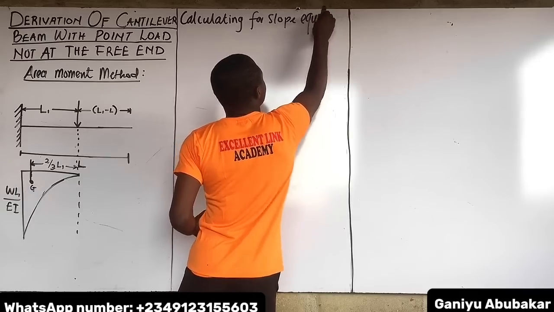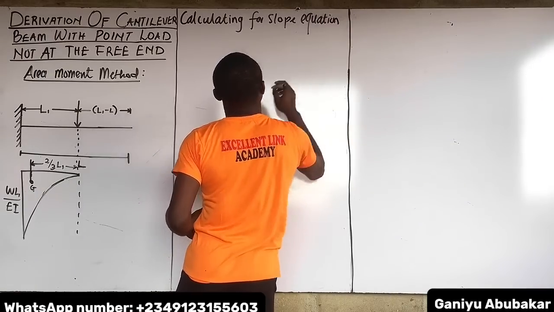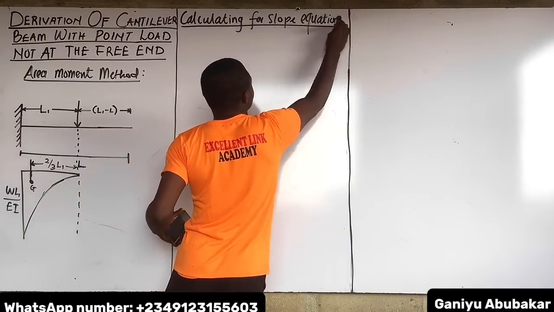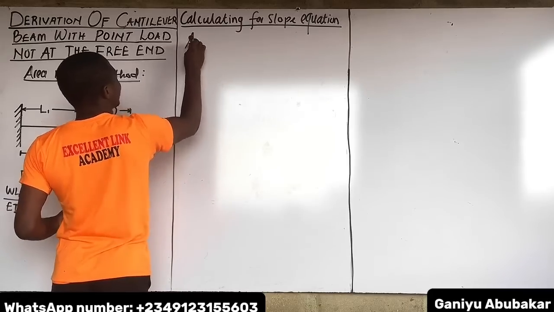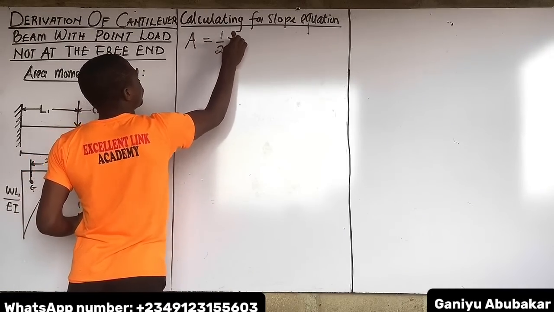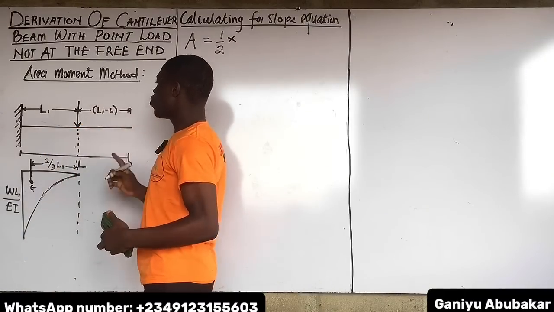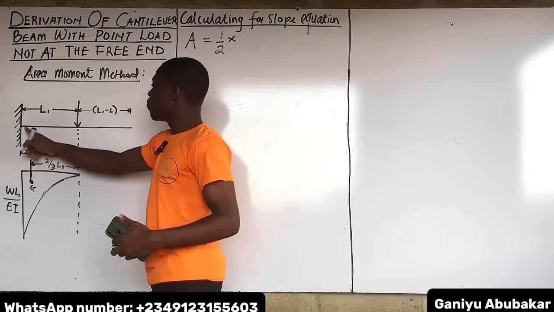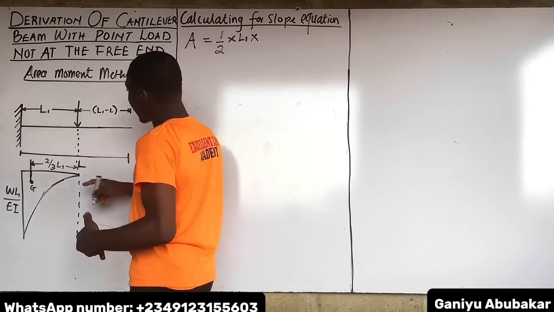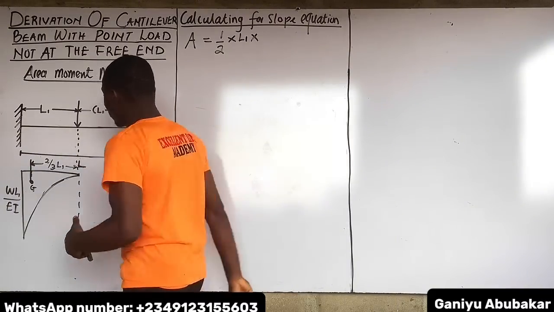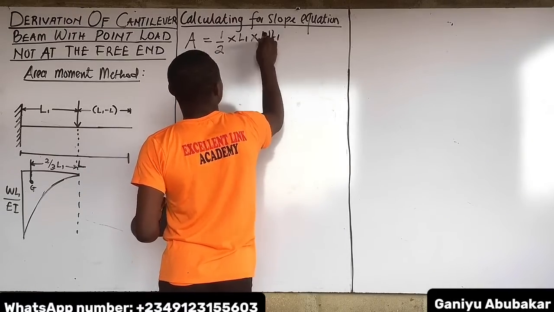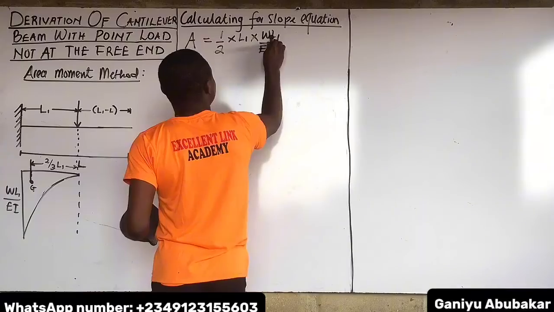Calculating for the slope equation, what do I get? We know that the slope equation is represented with A. So A is equal to 1 over 2 times, observe please, from here to here is L1, so times L1, times the height from here to here, which is WL1 over EI.